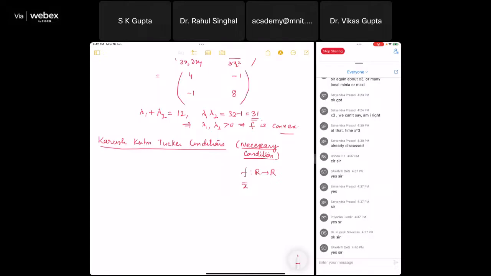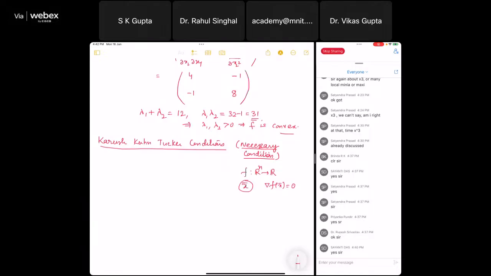So what is the necessary condition for this point to be a point of local maxima or minima? The derivative of the function at the point x bar must be 0. We all know this; we studied it in 11th and 12th classes. If the function is from Rn to R, for example, without any constraint, and x bar is a point of local maxima or minima, then the gradient of f at x bar must be 0. So these are the necessary conditions.